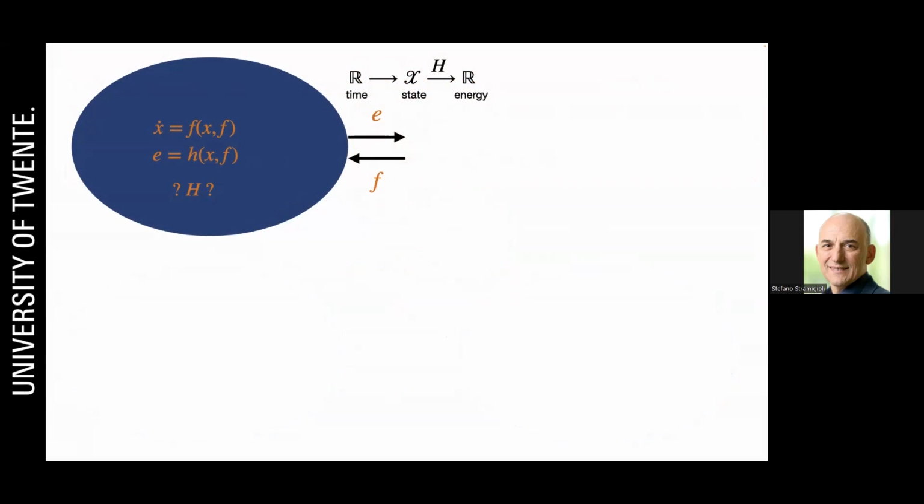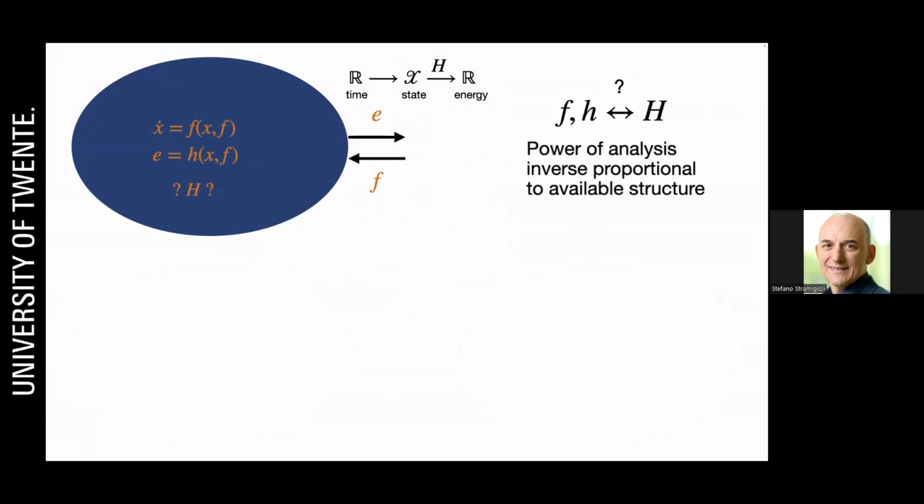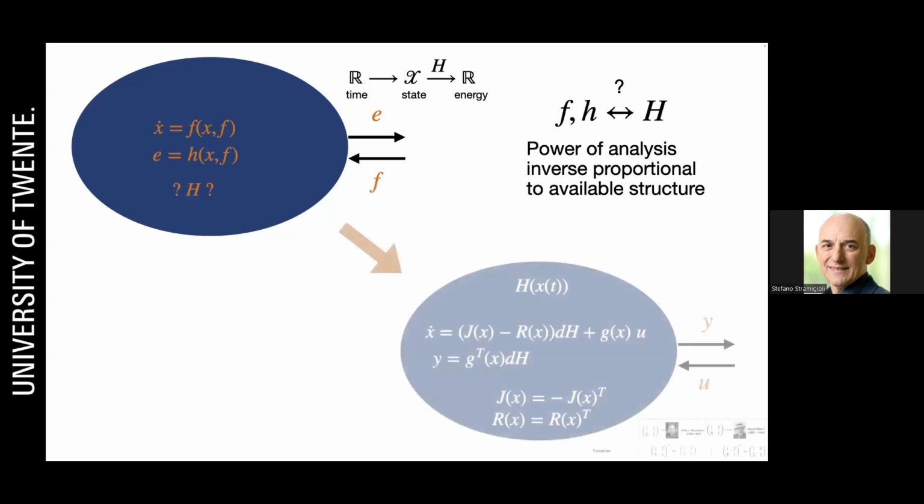Energy is a function of the state, and the state is a function of time. There is this composition in what's going on. But what is F and what is H? How should I describe it? Well, you know that the less structure you give to something, the less you can say, right? So we will give structure to that, and you'll see why, in order to preserve this property.